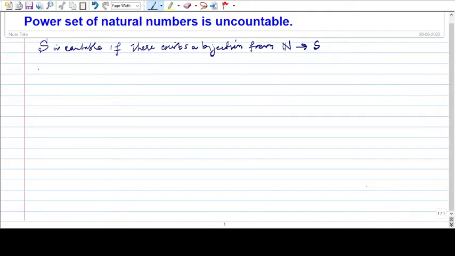But we can reduce this thing to two sub cases.